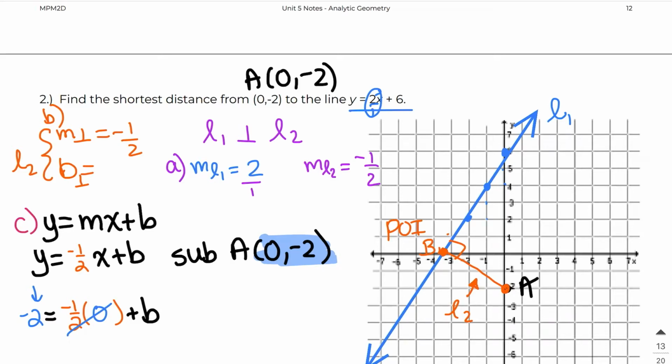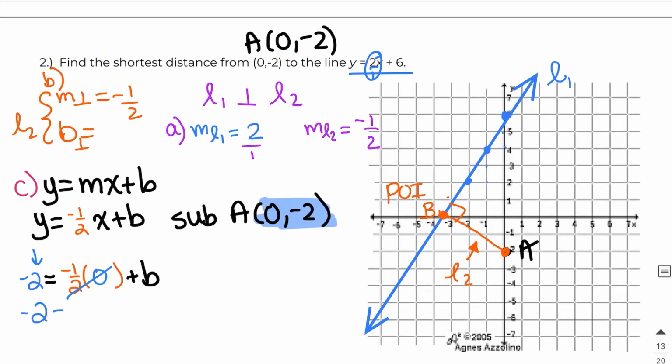And then -1/2 times 0 is just 0, so I get -2 equals b. So that means that b perpendicular is going to be -2. So we know now that the equation of this line is going to be y equals -1/2 x minus 2, which should be clear because this is literally our y-intercept right here.